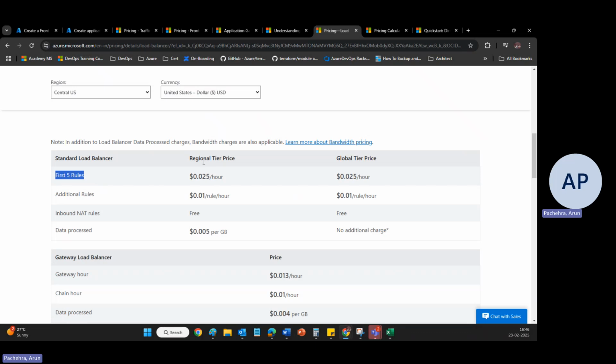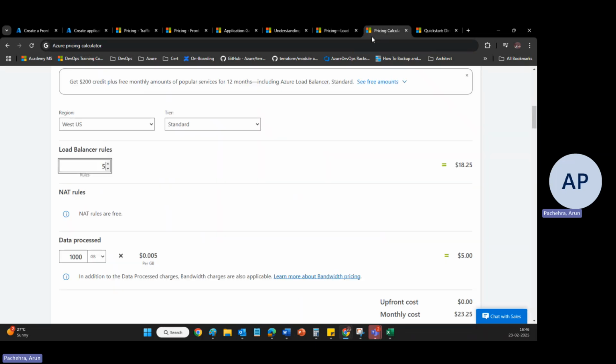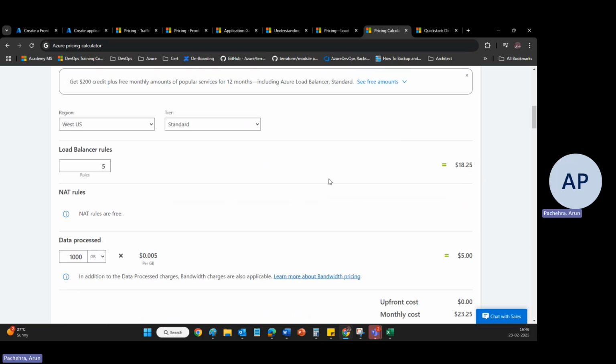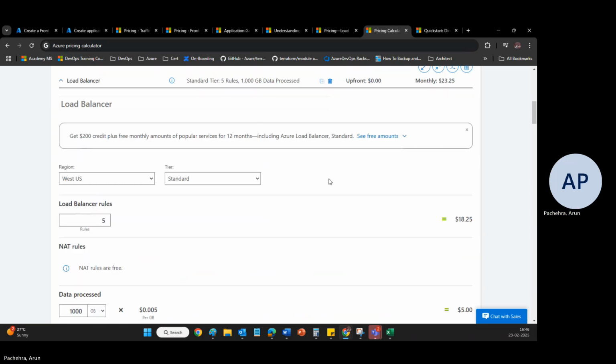Regional price and the global price, because we know Azure Load Balancer is global as well. So global price is this, regional is this. Both seem the same to me for the first five rules. But it is per hour, and the pricing that you're seeing in the calculator wasn't per hour, so don't get confused. That is for a month.